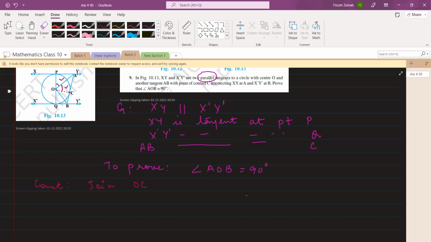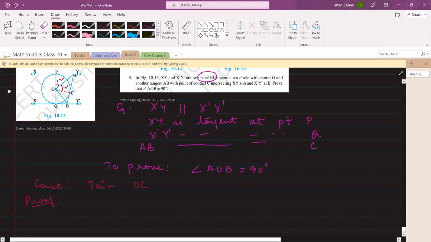Or in place of angle, I can also take AP is equal to AC, isn't it? Because tangents drawn from an external point are equal in length.